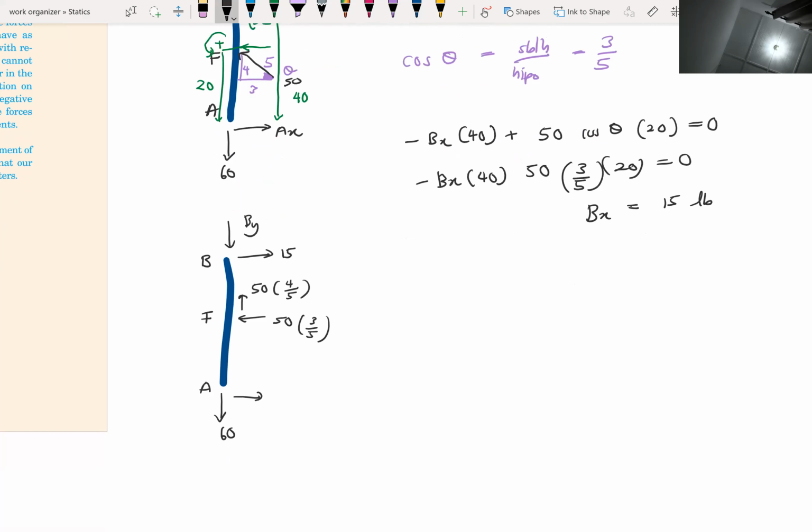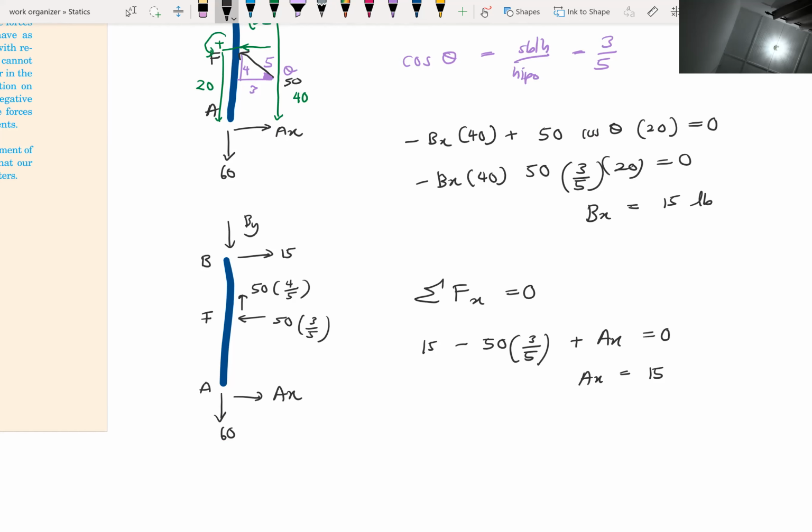Ax we don't know. So we do summation of forces horizontal, x-axis equal to 0. So we have 15, and then negative 50, 3/5, plus Ax equal to 0. So Ax here we get equal to 15.